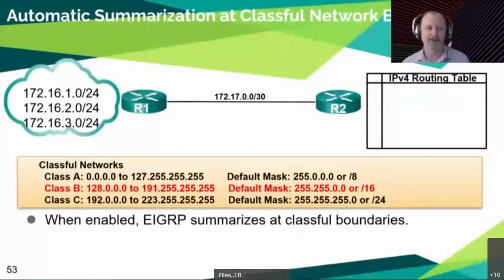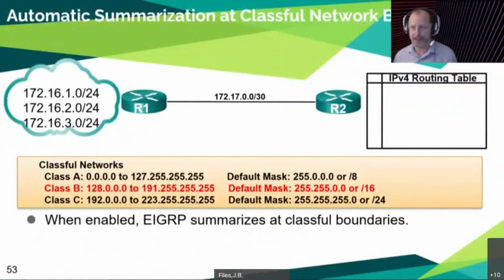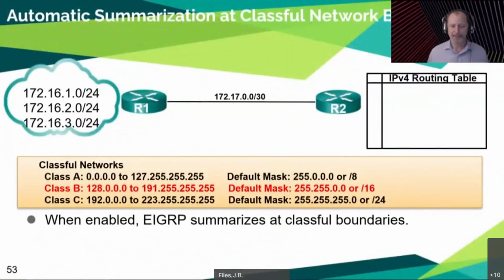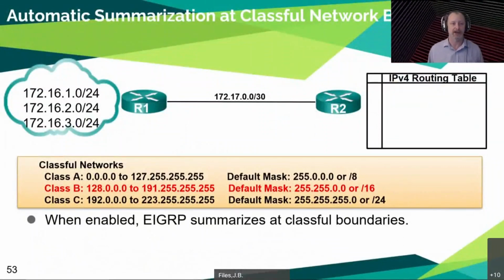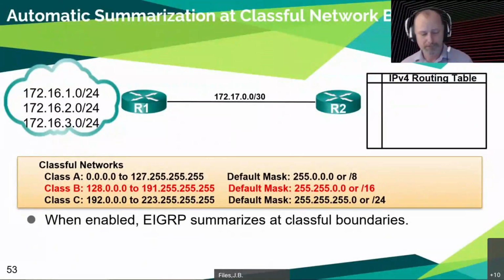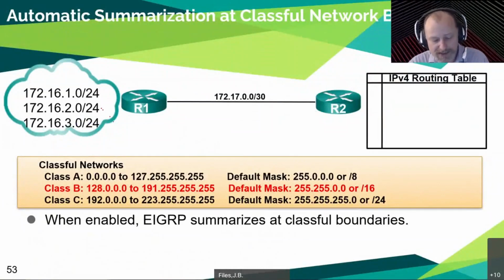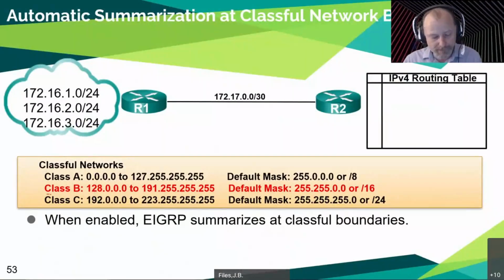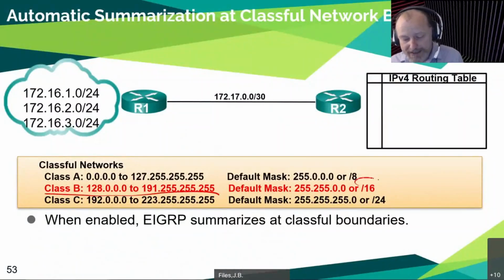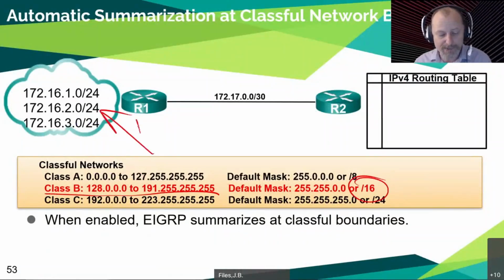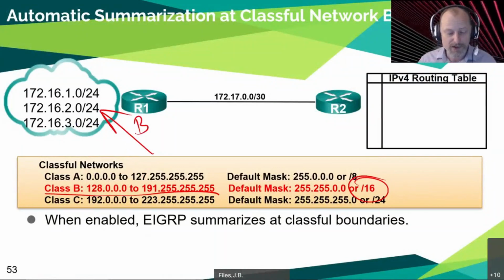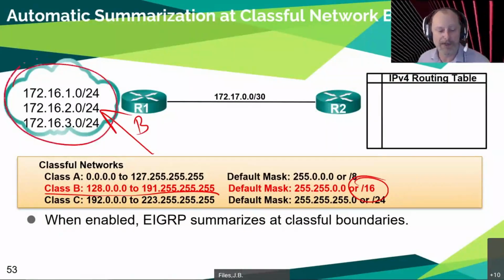What about automatic summarization? Now this is off by default, okay? This happens at a classful network boundary. So we've got to figure out what the classful network is. So this is a class B. The default mask is a /16. So what's the classful network that those belong to?